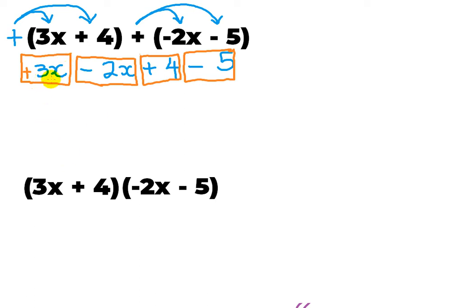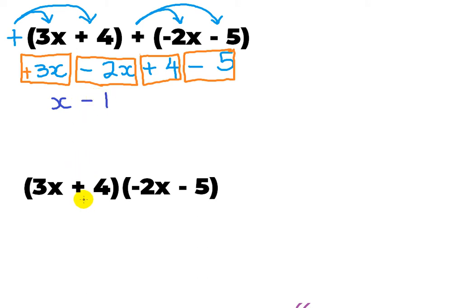So 3 apples minus 2 apples is 1 apple, but in algebraic expressions we do not use 1x. I'm going to cancel that, because we don't say we have 1 apple, we have an apple. So 3 minus 2 is an apple, so x. And 4 minus 5 is negative 1.